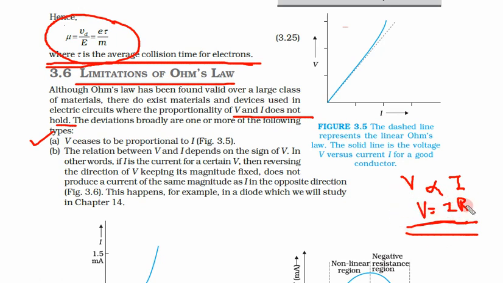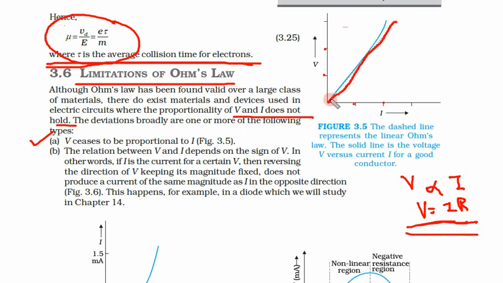So if you plot V and I on a graph, it should be a line, because as voltage increases, the current increases, again voltage increases, again current increases. So it is shown by this line.